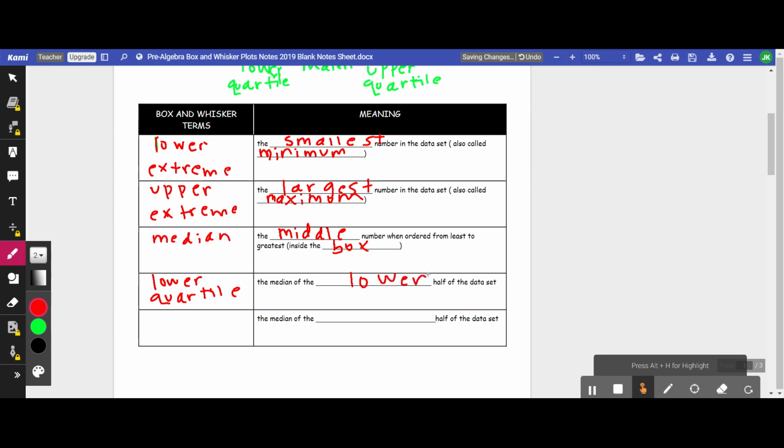And then the last thing will be your upper quartile, which is the median of the upper half of your data set.